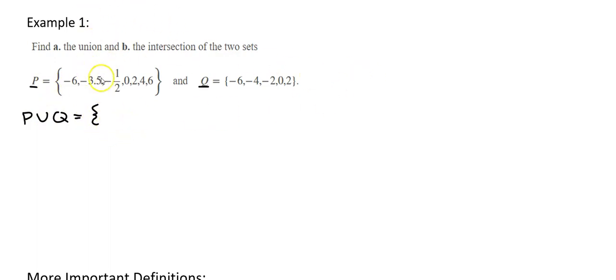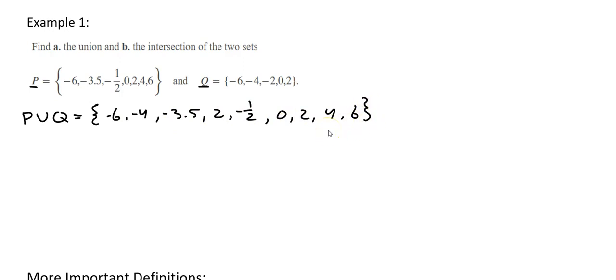Just make sure you put everything in here. So I'm going to have -6, -4, -3.5, -2, -1/2, 0, 2, 4, 6. And that would be the union.